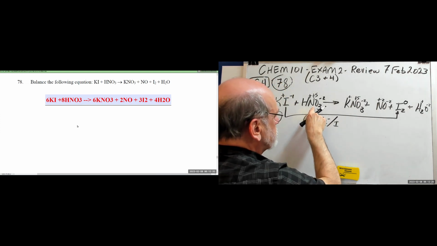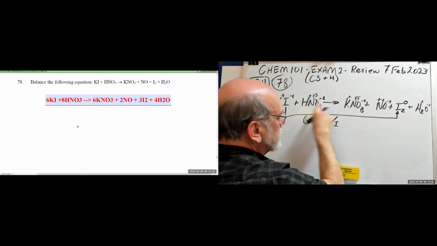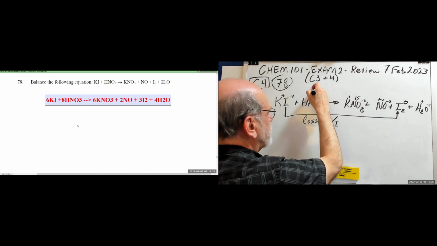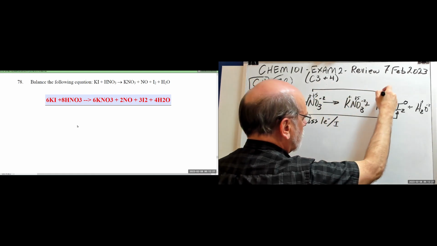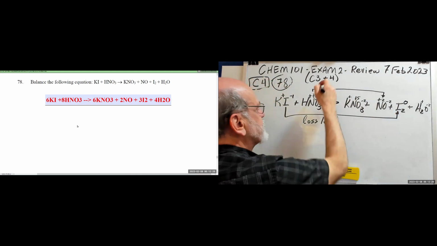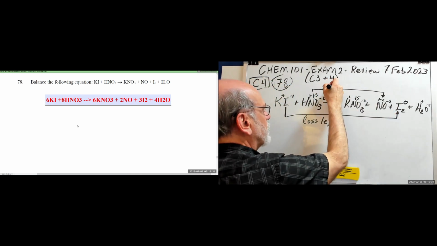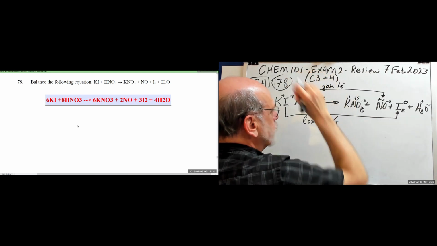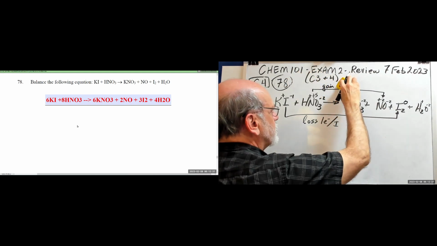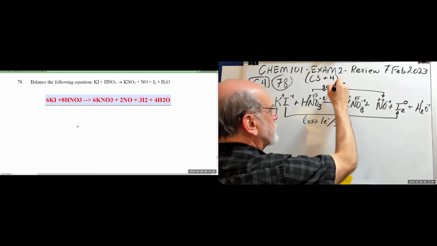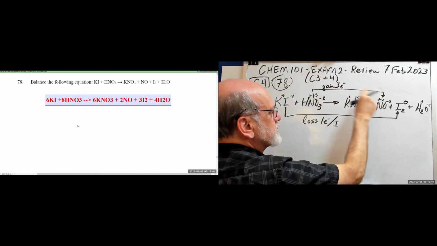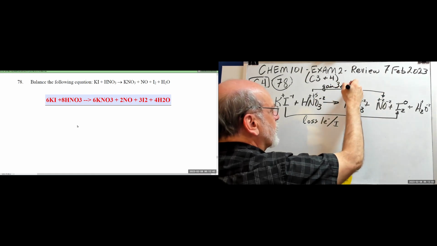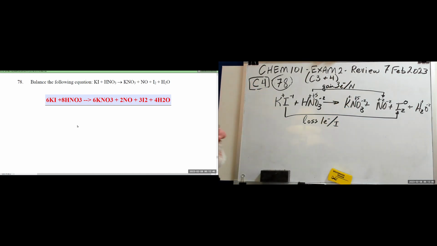And this nitrogen doesn't go here, it goes there. And this is a gain of 1 electron. Oh, excuse me. 3 electrons, right? From +5 to +2 is 3 electrons gained per nitrogen.